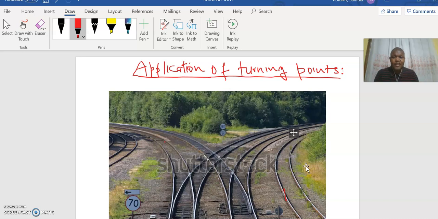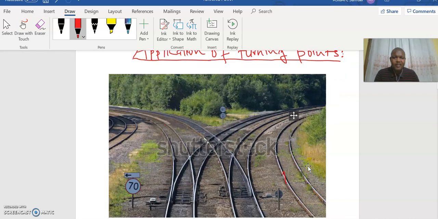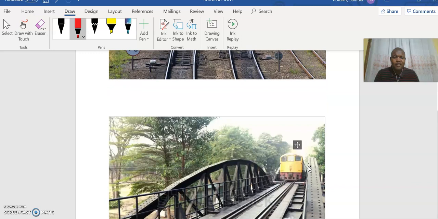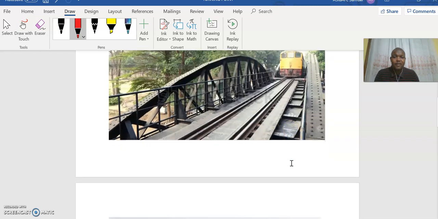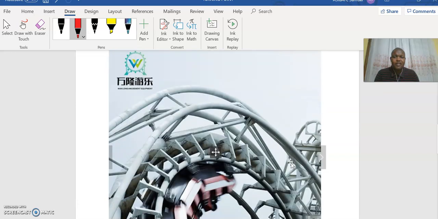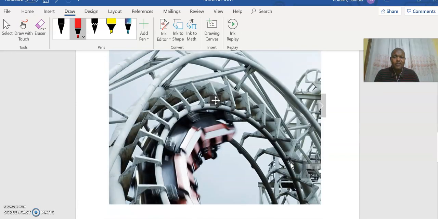Is there any relationship the learner can gain from this? Can they see any relationship with the turning points with this bridge? These are the conceptual issues that we need to make with the candidates. Now look at this roller coaster.